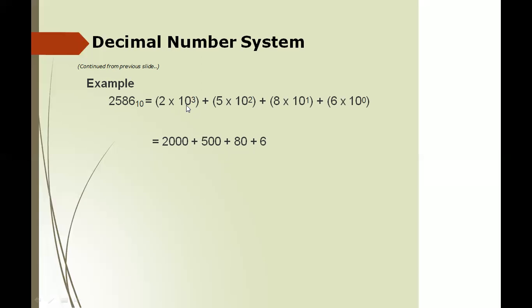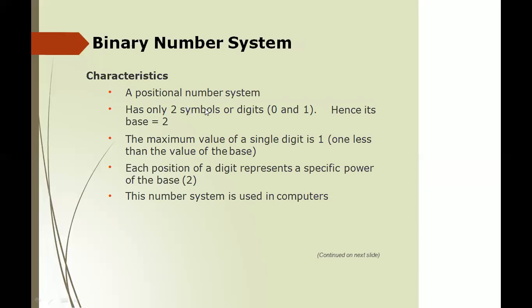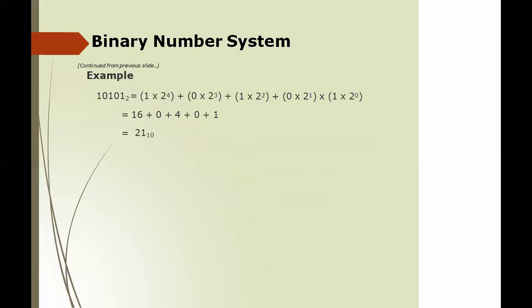The binary number system is also a positional number system, and here we only use two symbols or digits, that is 0 and 1. That's why the base here is 2, and this number system is used especially in computers, and all of you know that.